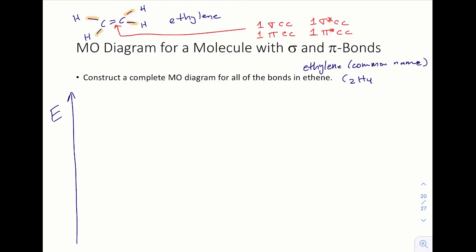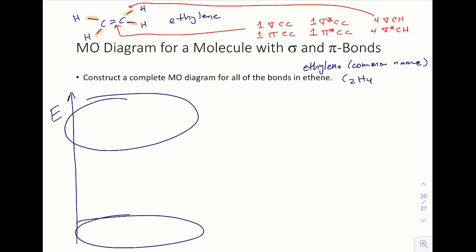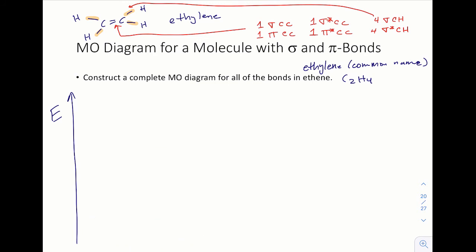Now to the four sigma CH bonds. Those bonds have electrons in sigma CH orbitals. If there are four sigma CH orbitals, there are four sigma star CH orbitals. The next thing that we do is we order the orbitals on our energy diagram from lowest energy to highest energy. Then we will populate them with electrons. First things first.